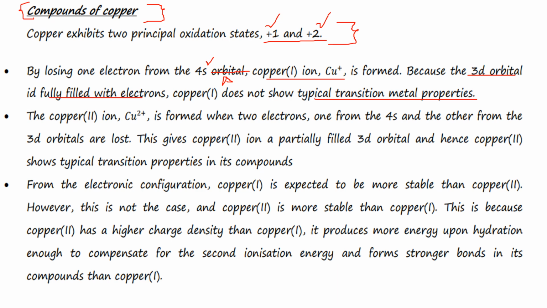The copper 2 ion is formed when you lose 2 electrons: one from the 4s sub-energy level, and the other from the 3d sub-energy level. This leaves the copper 2 ion with a partially filled 3d sub-energy level. Use sub-energy level instead of orbital.